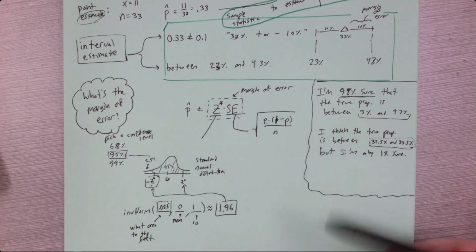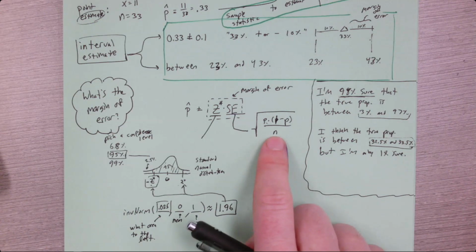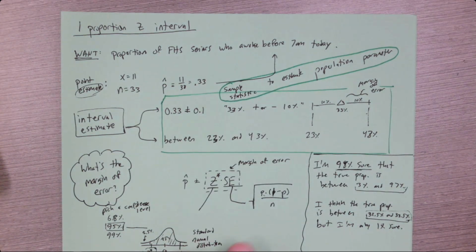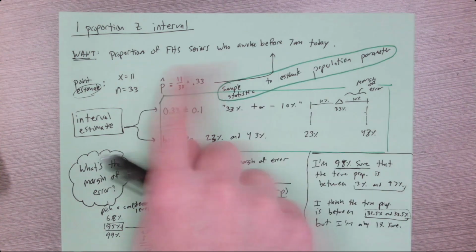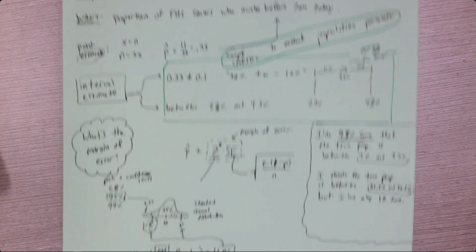What does n mean? n is no problem, because that's just the sample size. We have that. But p is supposed to be our null hypothesis population proportion. But here we haven't really formed hypotheses, because we're not trying to say, let's assume the true answer is something and see if we can reject that assumption. Here we're just trying to come up with an estimate.